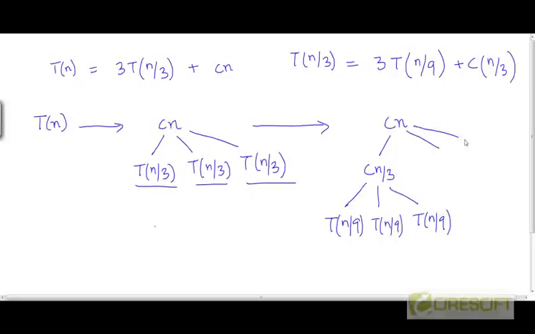And likewise, the other 2 children of c·n will be c·n/3, and they will have 3 children, each being T(n/9).